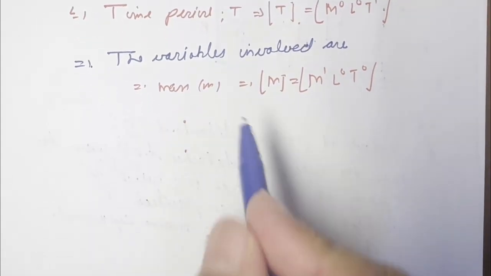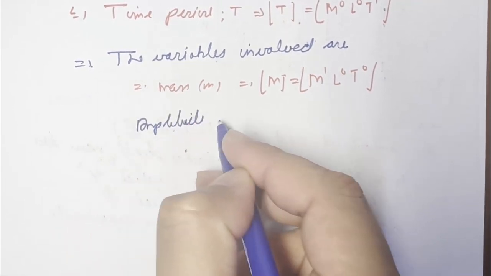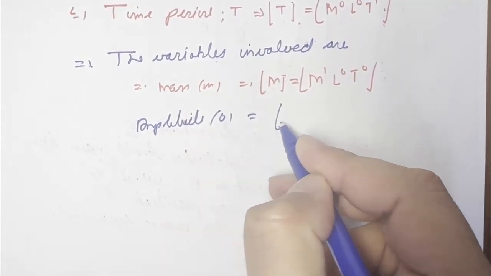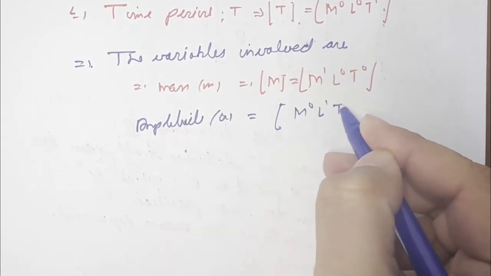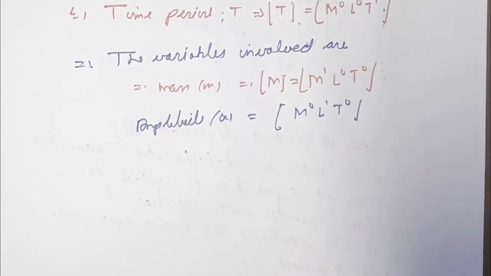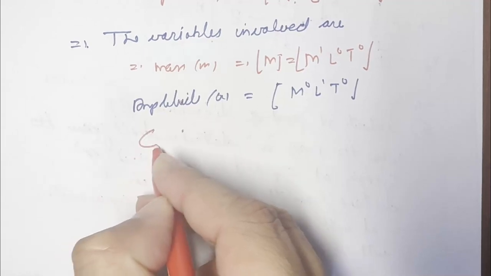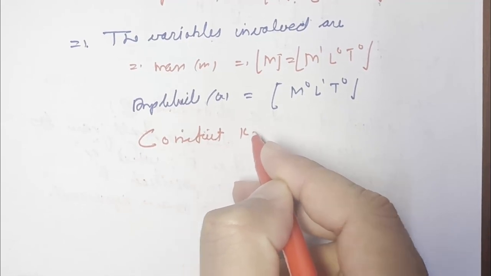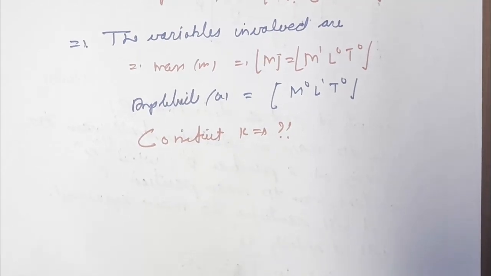Second is amplitude, represented as small a, with dimensions M0 L1 T0. And the last one is constant k, whose dimensions we are going to find out, and then we are going to solve it.